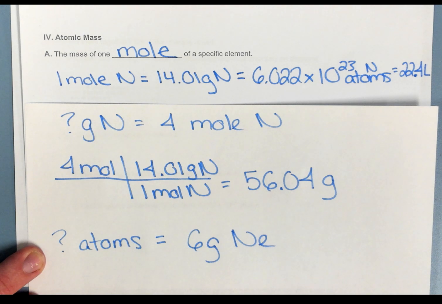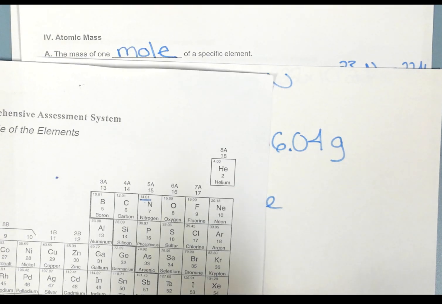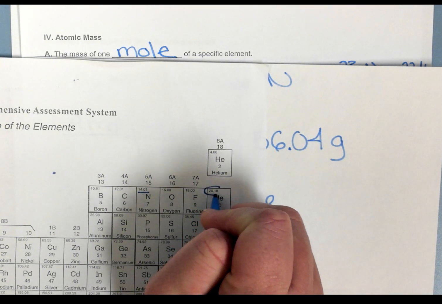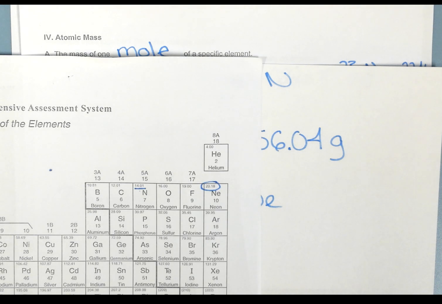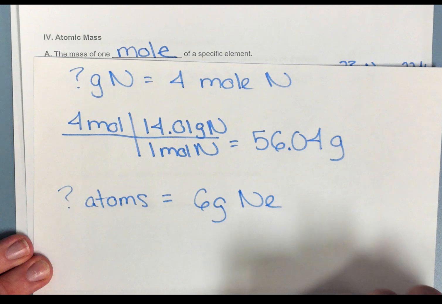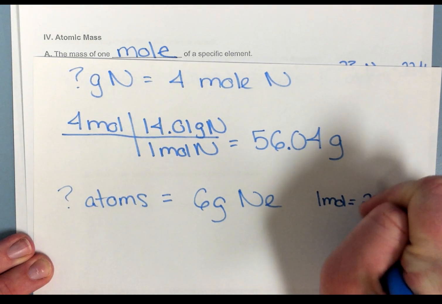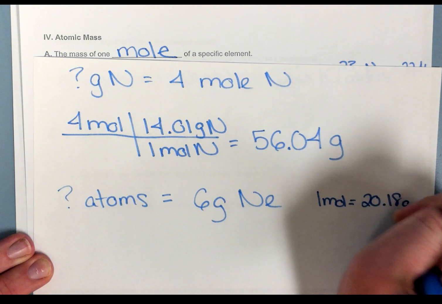Well, we got to do a little bit more work for this. So we look at our periodic tables, and we see that neon has a mass of 20.18 grams per mole. So 1 mole of neon is 20.18 grams of neon.